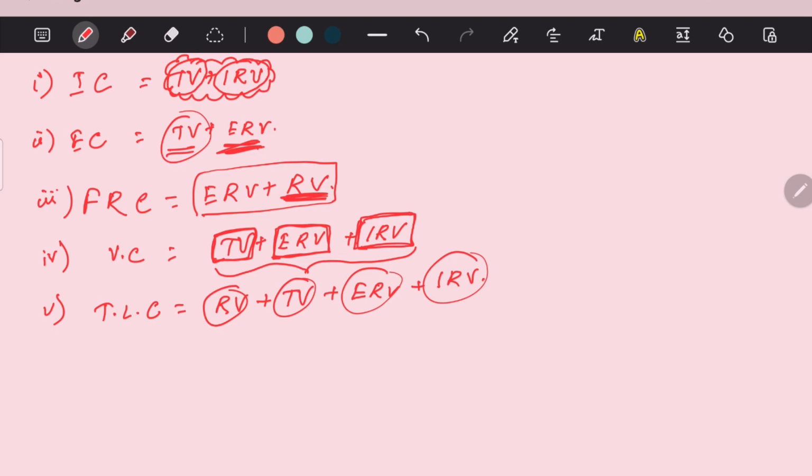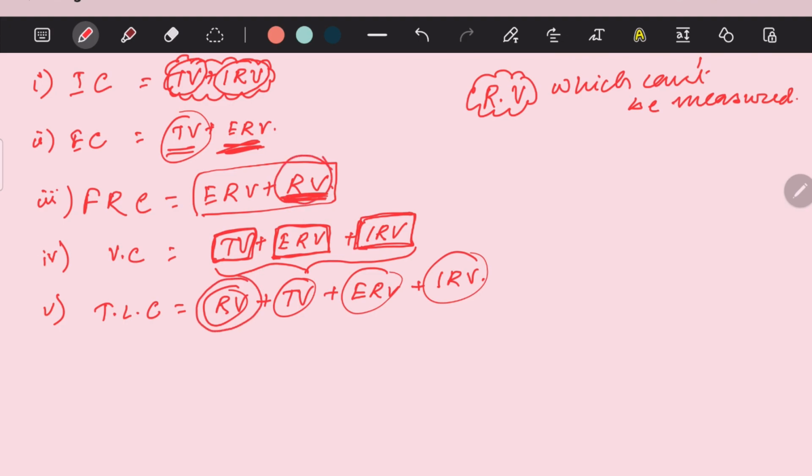Now I'll just give you information which is not in the NCERT, I hope. That is, residual volume is something which cannot be measured. Now, as residual volume cannot be measured, the capacities which include the residual volume, that is the functional residual capacity and the total lung capacity, also cannot be measured. By measuring, I mean it cannot be measured by spirometry. So, how do we actually find out residual volume? By simple addition and subtraction.